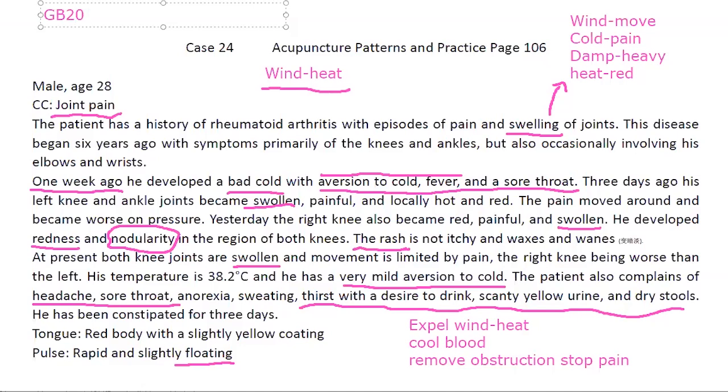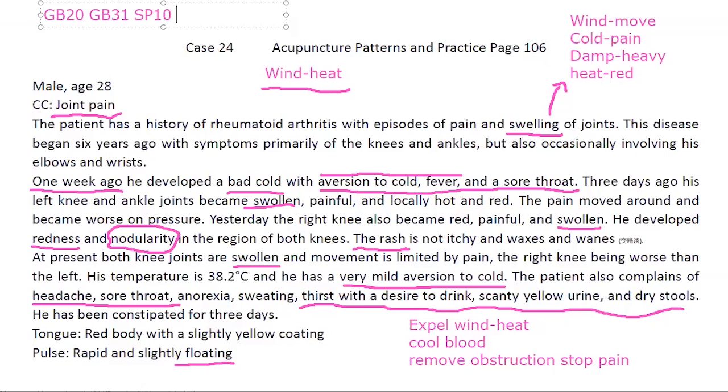Gallbladder 31, still a wind point. Then the Xuehai, that's moving some blood, and it's also close to the knee. That's cooling blood and moving blood, which we have in there already.